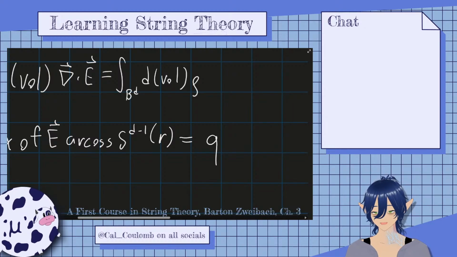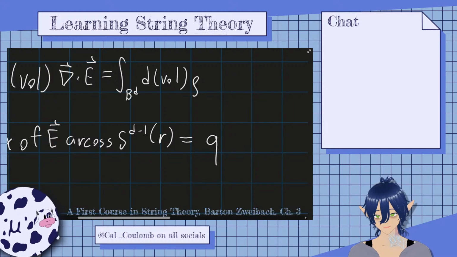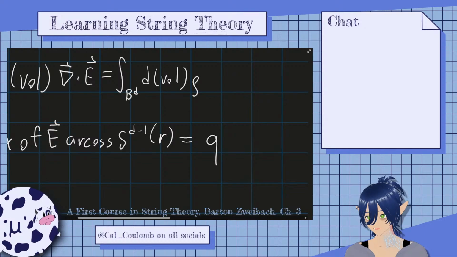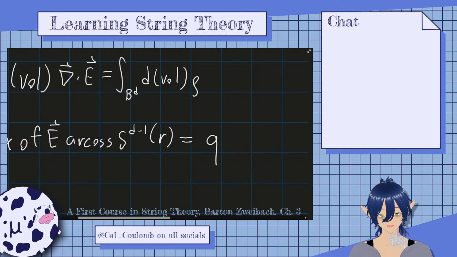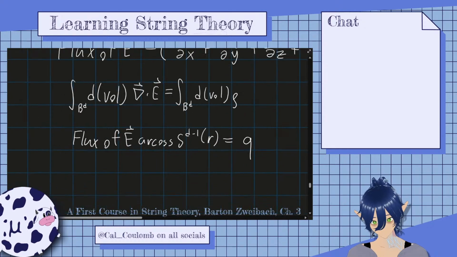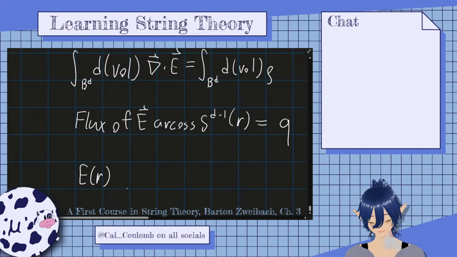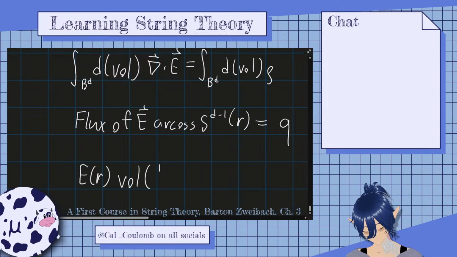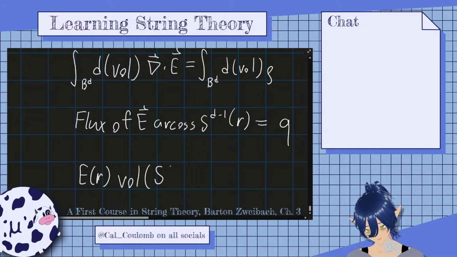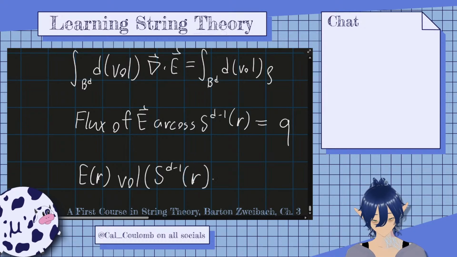The volume integral on the right side gives the total charge, and the divergence theorem 3.68 relates the left-hand side to the flux integral. All right. The flux equals the magnitude of the electric field times the volume of S^(d-1) of r. So we have E of r times the volume of S^(d-1) of r is equal to q.